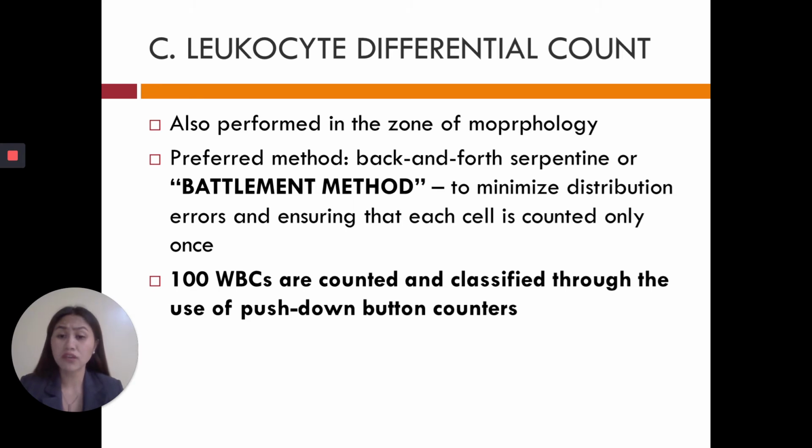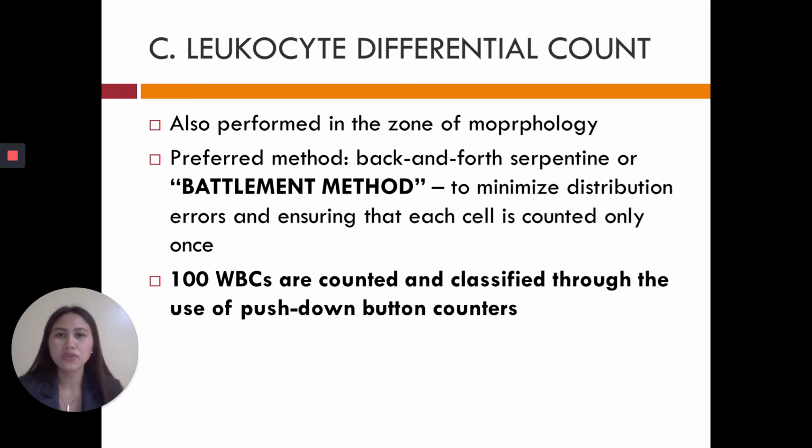And by the way, of course, you're going to use a push down counter, which will be shown in the demo video for the leukocyte differential count. With the push down button counter, you can identify cells without hardship in separating one count from another. In the counter, you have neutrophil, basophil, eosinophil, monocyte, and lymphocyte.